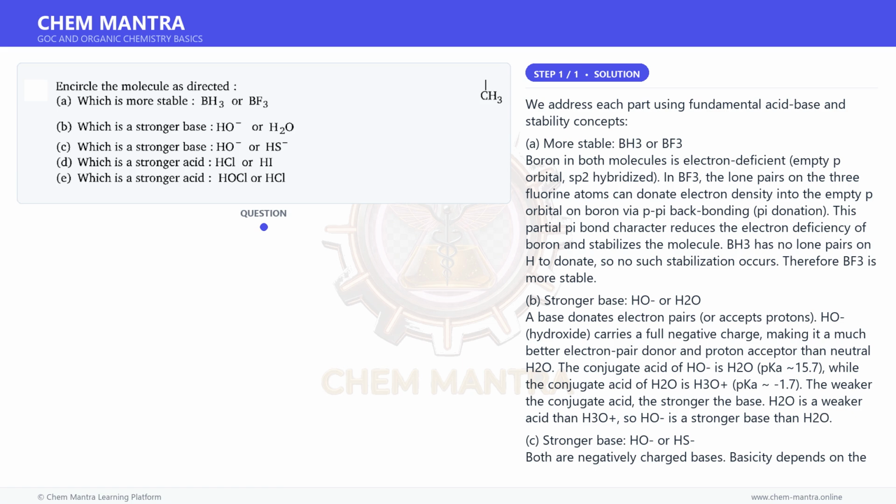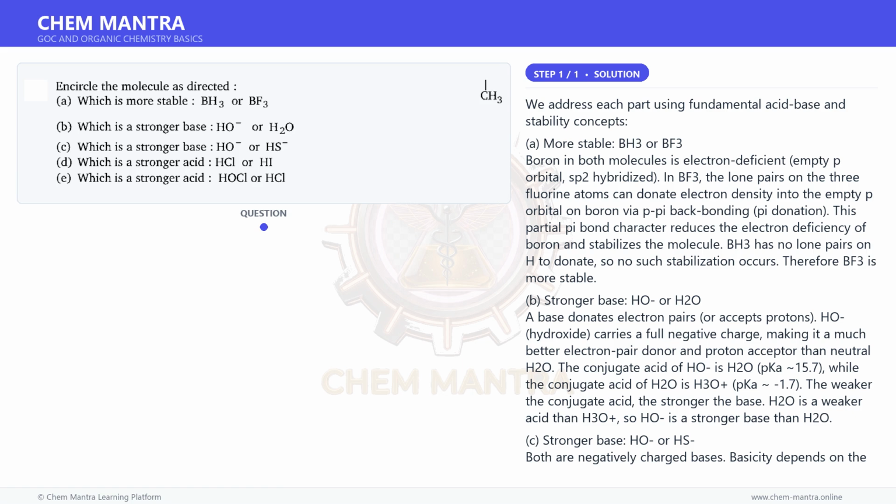C. Stronger base, HO- or HS-. Both are negatively charged bases. Basicity depends on the electronegativity and size of the central atom. Oxygen is more electronegative and smaller than sulfur, so HS- holds negative charge less effectively, making HO- more willing to donate electrons, a stronger base.